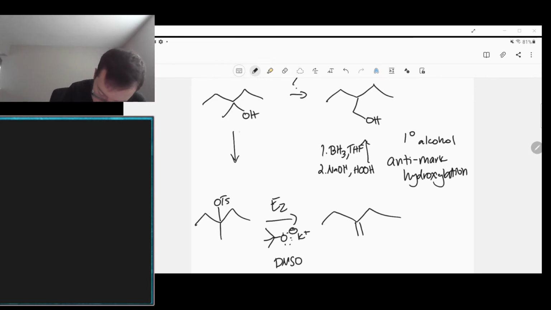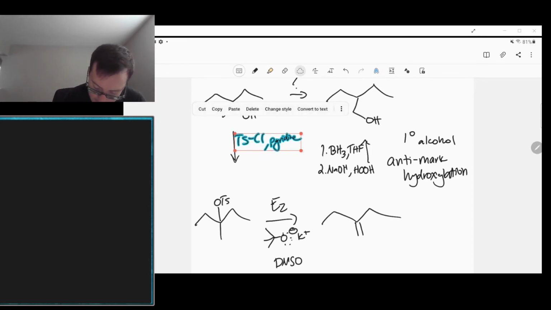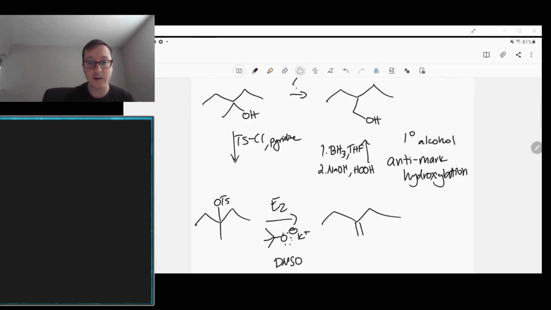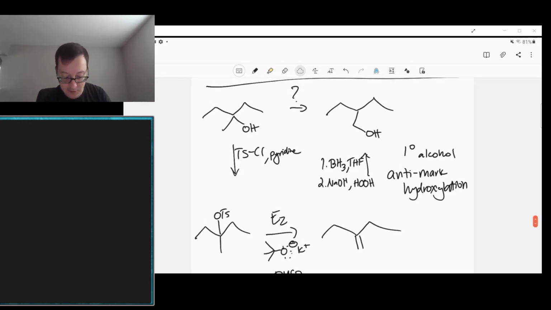So all we need to do is tosylate this lovely alcohol with your pyridine and your tosyl chloride. You make the tosylate. Tosylate can be eliminated, giving us the Hoffman product. And then you can do your hydroboration oxidation.